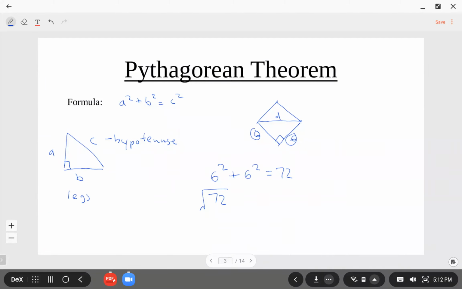You just need to do that because we haven't learned about simplifying these roots yet, but we will after we're done with the Pythagorean theorem. But just a heads up, yes, the square root of 72 is 6 times the square root of 2.